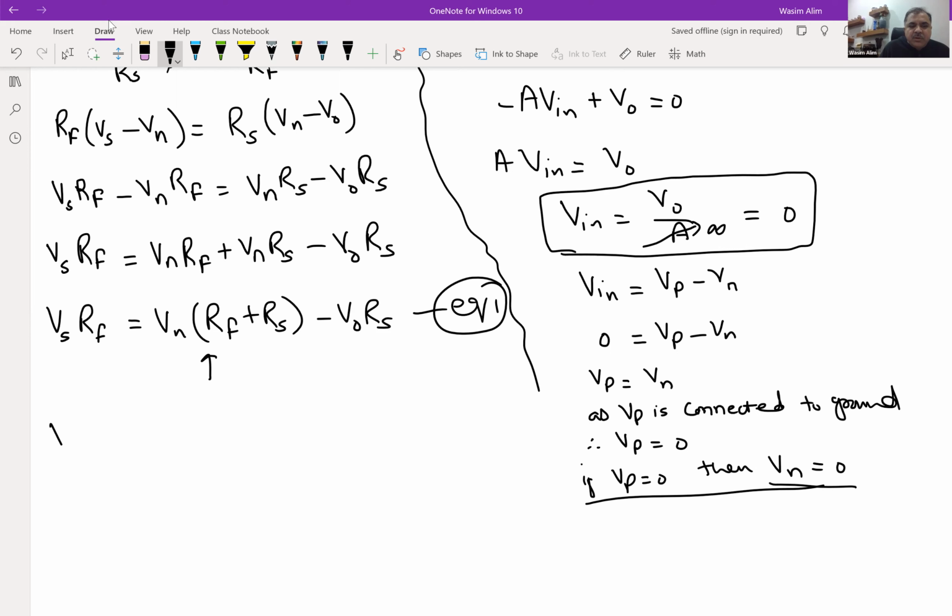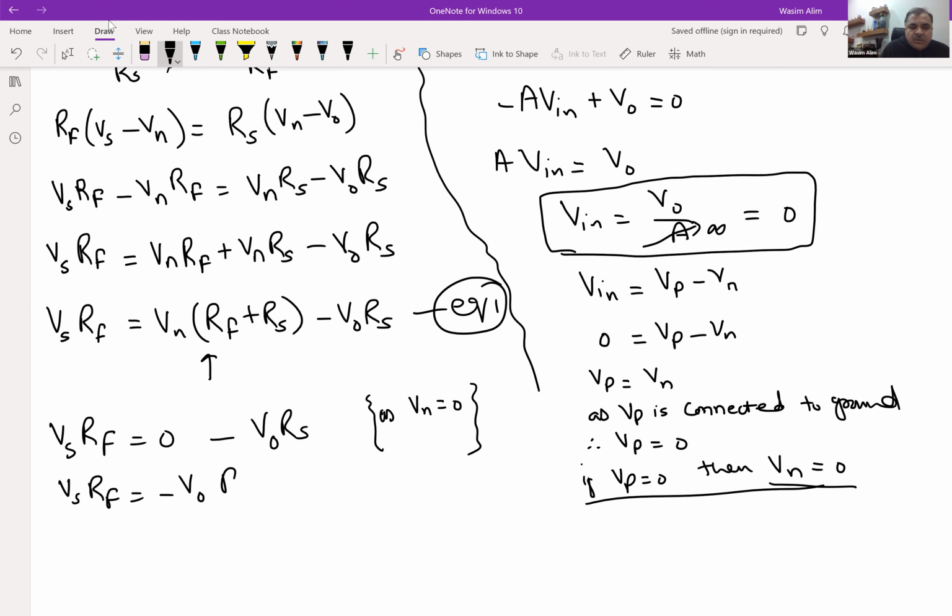So therefore, you would get zero minus... okay, so that's the reason why we turn this to 0. So now we can write this as Vs Rf is equal to minus V out Rs.